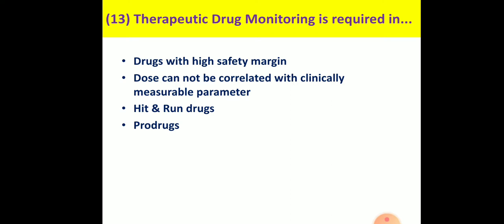So that is the correct answer. Hit and run drug. Obviously no, because the drug still produces the action but in the plasma it is not there. And the prodrug means the drug is activated inside the body, again it is not helpful. So the answer is B.